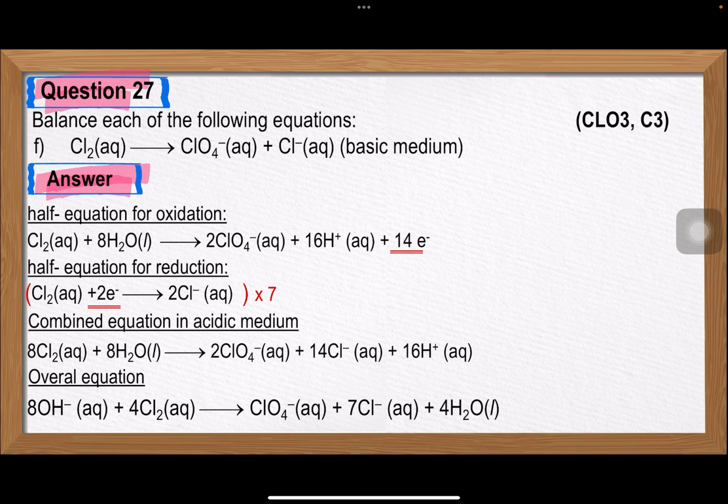Okay, for a basic equation you need to change. At first you get H+, and then change to basic. H+ we need to eliminate by adding OH-. So it becomes this, the final answer, F.